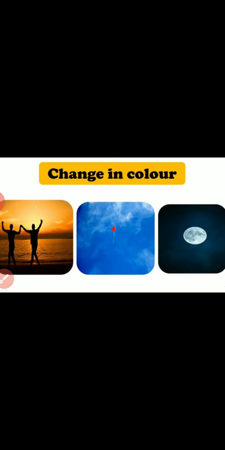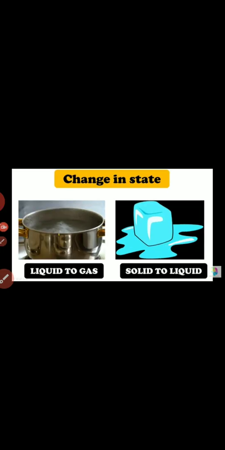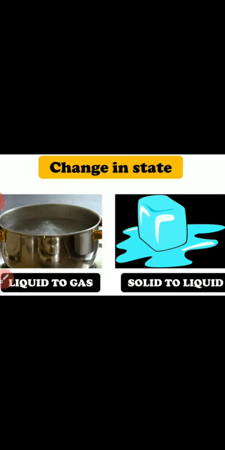Now change in state. When we put water for boiling, after some time it starts forming vapors. So what is happening? Liquid changes into the gaseous state.